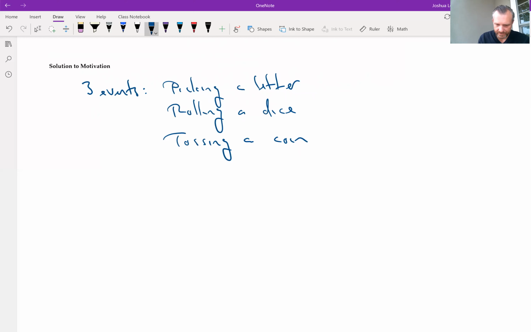Well, picking a letter has how many different outcomes? Well, for a Hawaiian alphabet, it'd be 14. It's not the Hawaiian alphabet. We're going to assume the 26-letter English alphabet. So picking a letter has 26 outcomes.